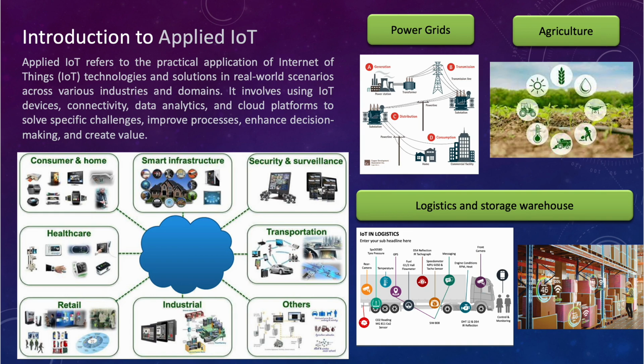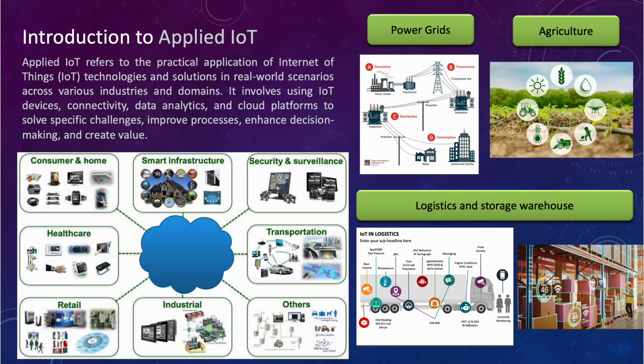So applied IoT, what we are learning here, is the practical application of IoT. It is not a single IoT device or embedded system, but IoT itself. How can we apply IoT itself to different industries and domains?